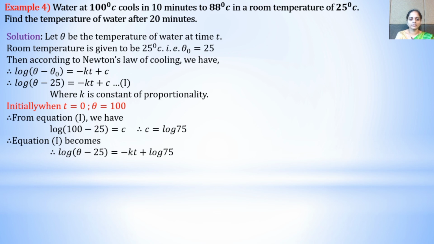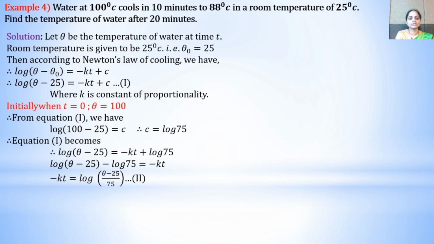Now we take the term log of 75 to the LHS. We get log of theta minus 25 minus log of 75 is equal to minus kt. We know that log m minus log n is equal to log m divided by n. Therefore, minus kt is equal to log of theta minus 25 divided by 75. This is our equation number 2.